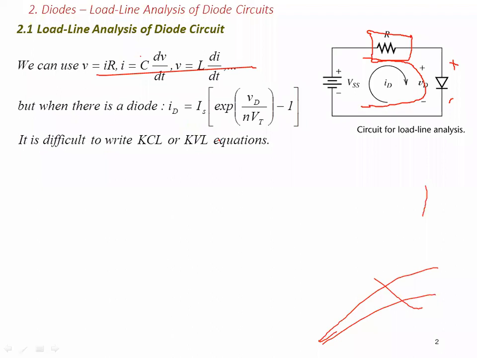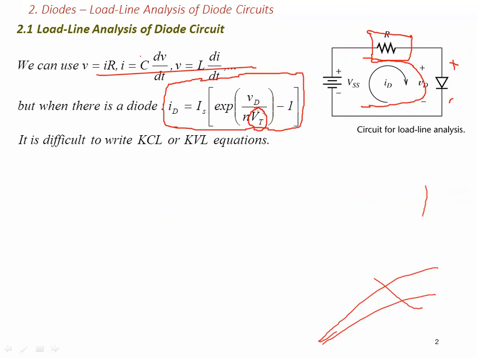But when it comes to the diode, this is where we use the Shockley equation, the one we discussed at the end of the previous lecture. This is no longer linear, as you can see, because it also depends on temperature, right?